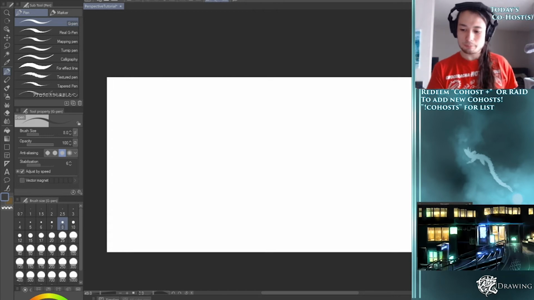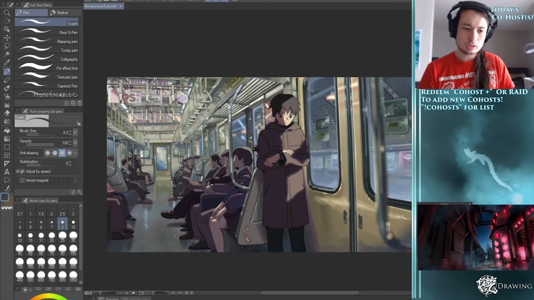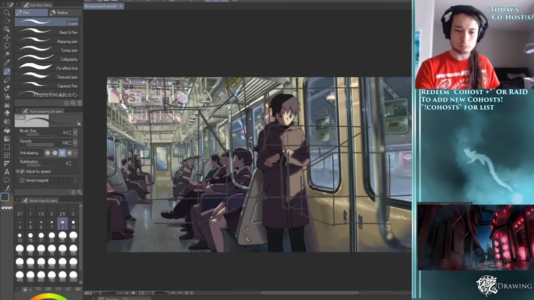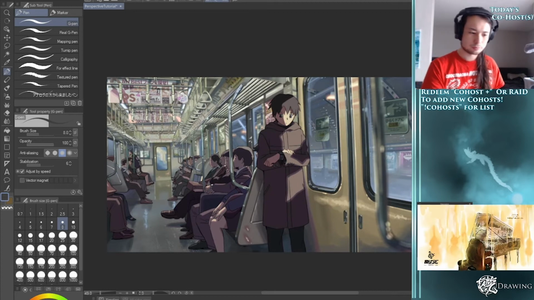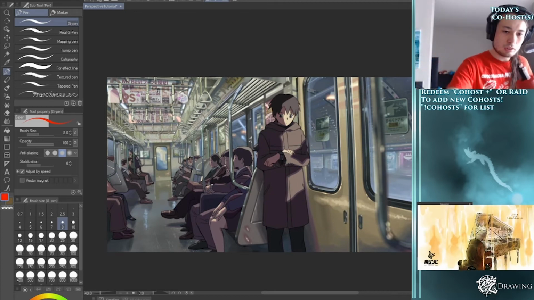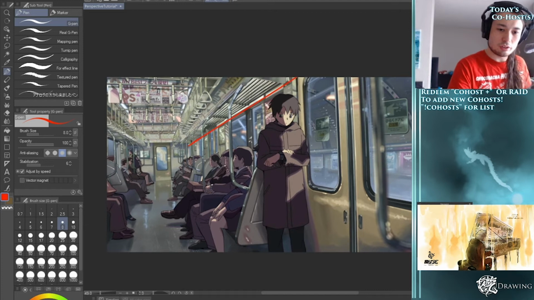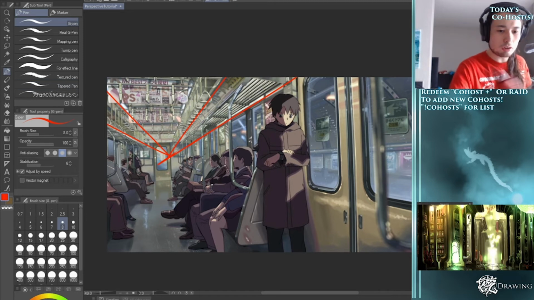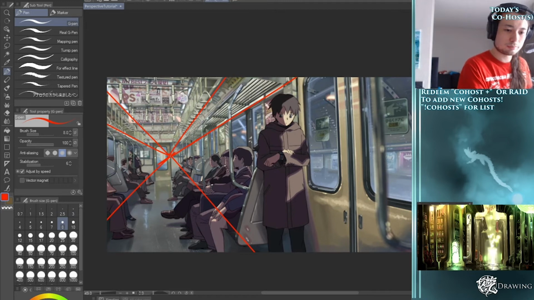Remember our example from 5 Centimeters per Second? We all agree that this is using perspective, and we can break it down to a one-point perspective system. This is converging here, this is converging here, this is converging here. Look how exact it is. All of these lines go in to exactly this point.